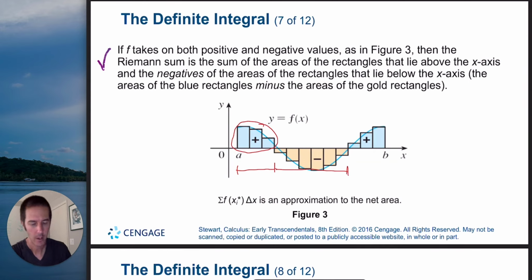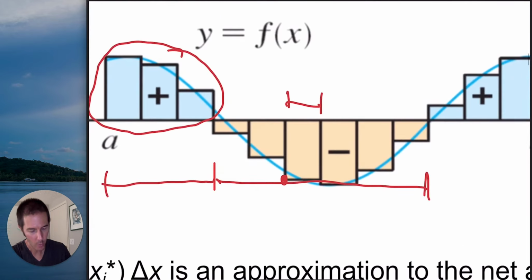And why is that? Because the area of each one of these tan colored rectangles is found by taking the width of the rectangle, dx, or delta x, and multiplying it by the height. And the height is the y coordinate, either at this point, or at the midpoint, or at the right end of that interval. So delta x times this y value, that's definitely going to be a negative y coordinate, so it's going to show up as a negative area.